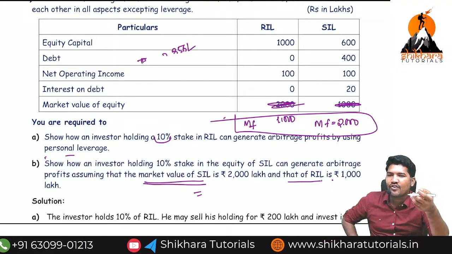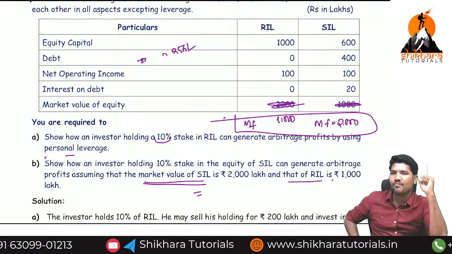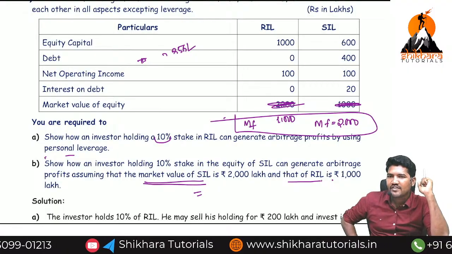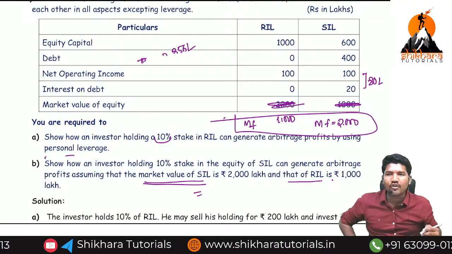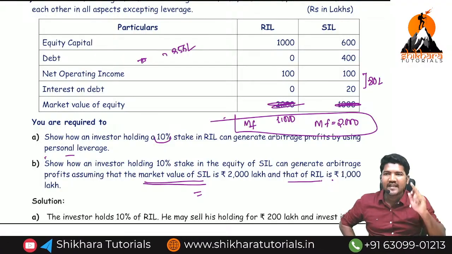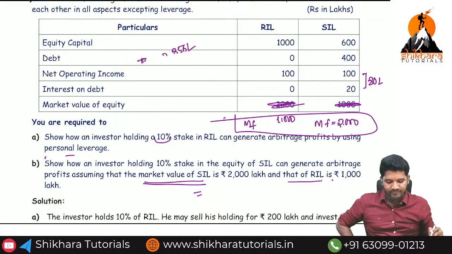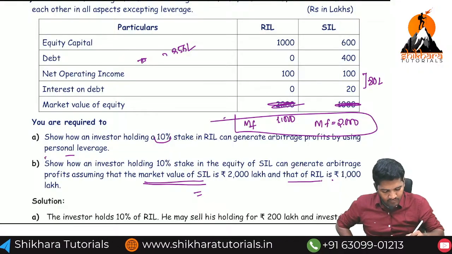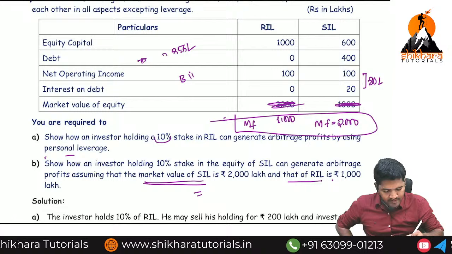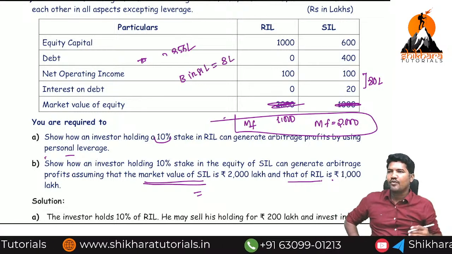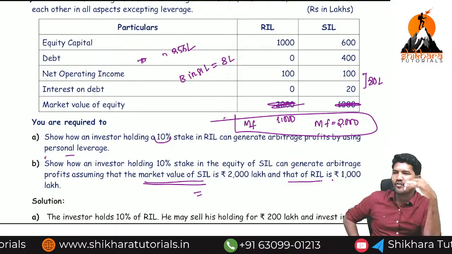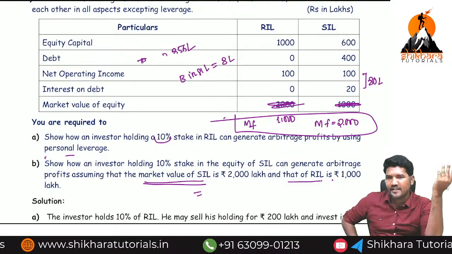As an equity shareholder, you will enjoy only equity earnings. What is the equity earnings? 80 lakhs. Out of 80 lakhs, you are enjoying 10%. Benefit in SIL: how much? 8 lakhs. Now you have to calculate the RIL value, then you can express the arbitrage profit.